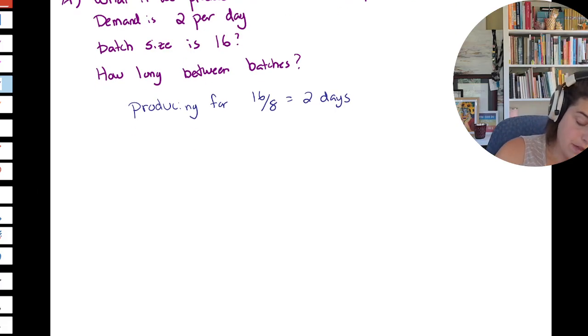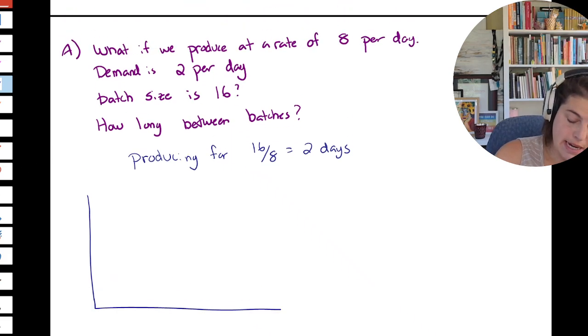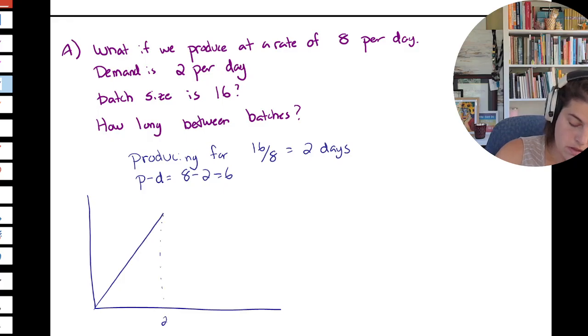For each of those 2 days, we are going to be putting 6 units in inventory, because the difference between production and demand is 6. So after day 1, we would have 6 units. After day 2, we would have 12 units.